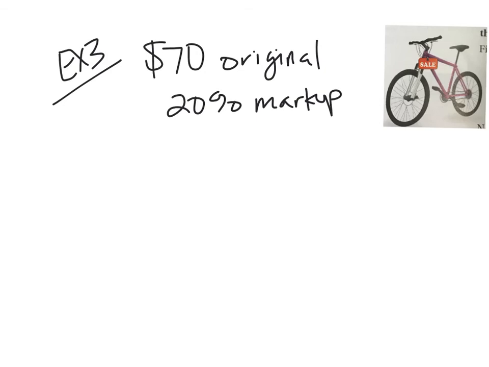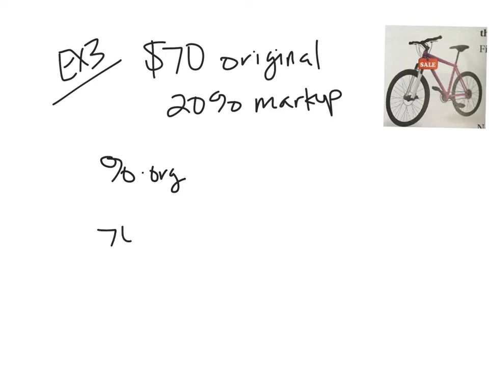So this is very much like how we just solved the other problem, finding the original price, except in this case, we're going to add the markup price to the original price after we've done the math. So the new number is going to be the percent times the original price.